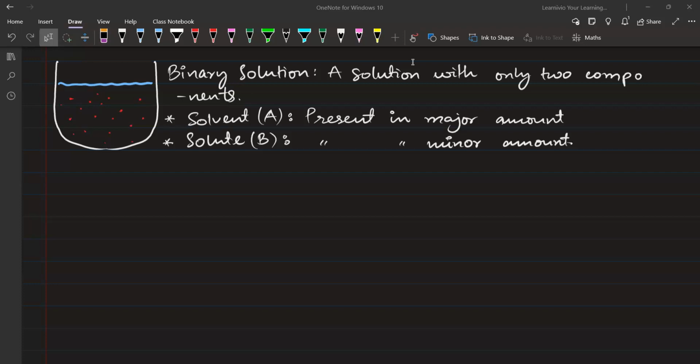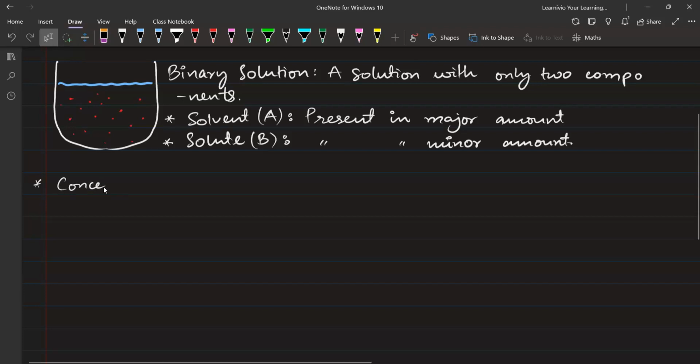For example, salt water may be the same or may not be the same depending on what amount of solute, that is salt, is added in the water. If I have more salt, then we say that it is more concentrated. If I have less, then we call it dilute. Now, if I specify how much salt is added in how much water, that tells us about a concentration term. So we are going to use different concentration terms.